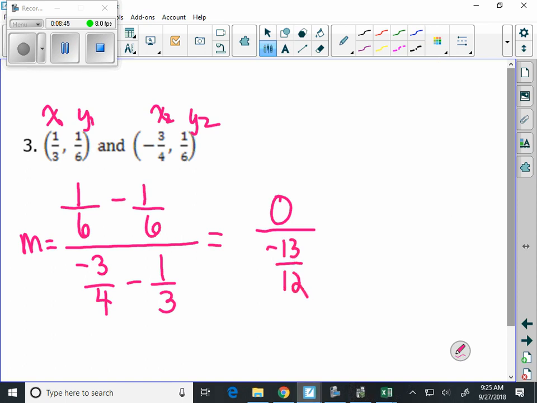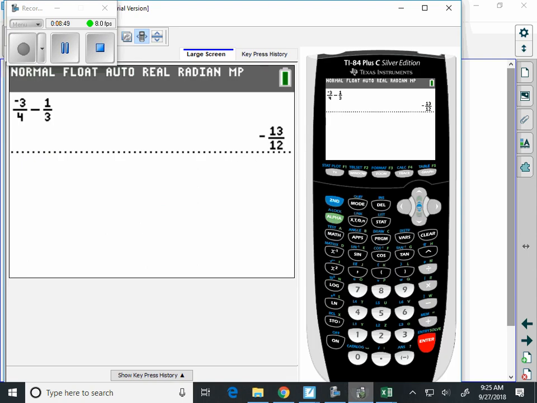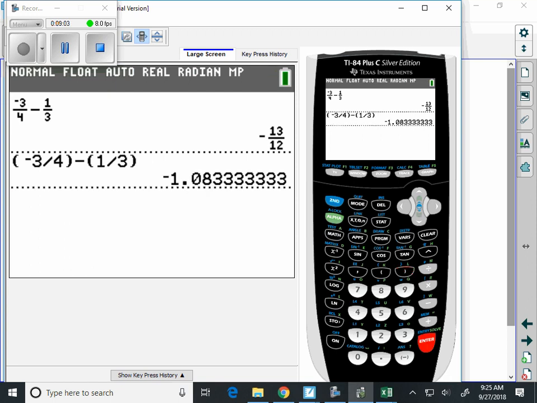By the way, if you have an out-of-date calculator, you can still do this. Negative 3 divided by 4 minus 1 divided by 3. You get this big long decimal. Then you can hit math, enter, enter, and it will convert it.